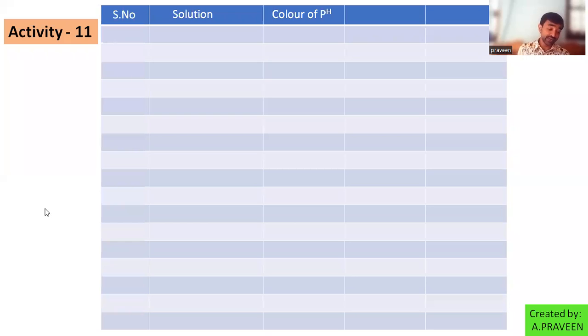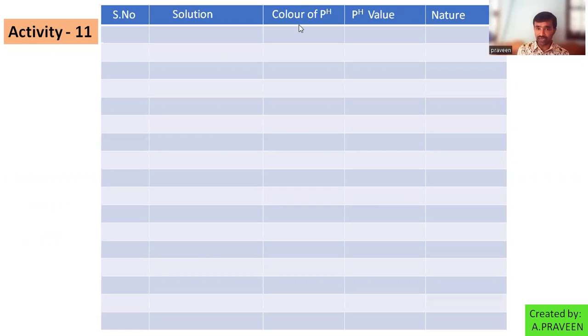Finally, deciding its approximate pH value, then the substance nature, either acidic, basic or neutral, based on the pH values.